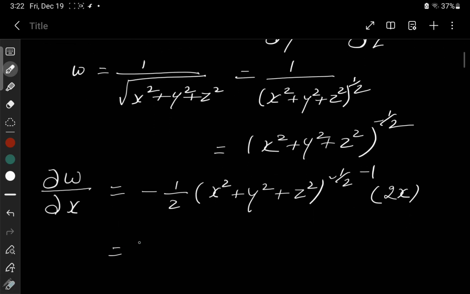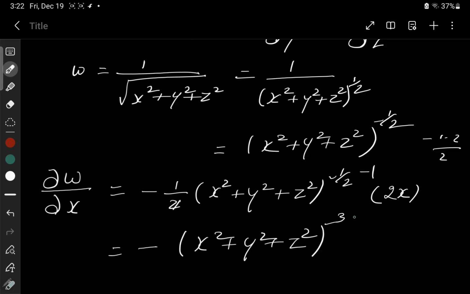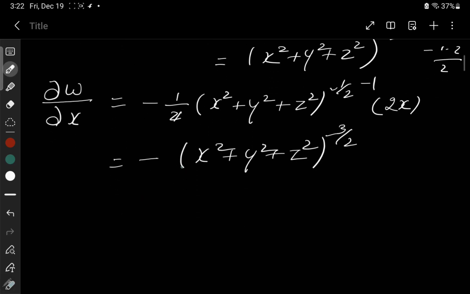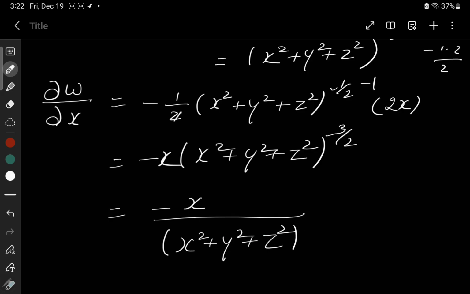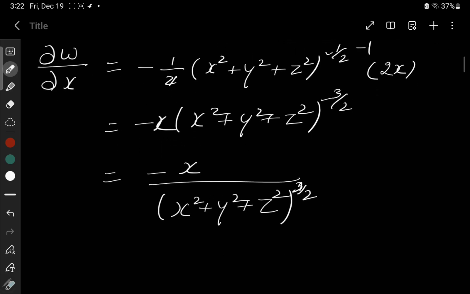So 2 gets cancelled: minus x times x squared plus y squared plus z squared whole power, 2 is the LCM, minus 1, 1 2s are 2, minus 2, minus 3 by 2. So minus x by, taking the power as positive, x square plus y square plus z square, I bring it to the denominator, plus 3 by 2. So this is your del w by del x.